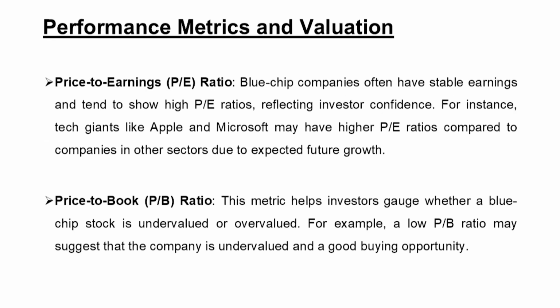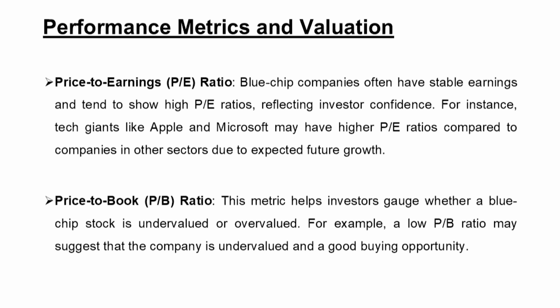On the basis of performance metrics and valuation, you can recognize whether the company is blue chip or not. One very important performance metric is the price to earnings ratio. Blue chip companies often have stable earnings and they tend to show a high price to earnings ratio. This can reflect a higher amount of investor confidence in their returns.